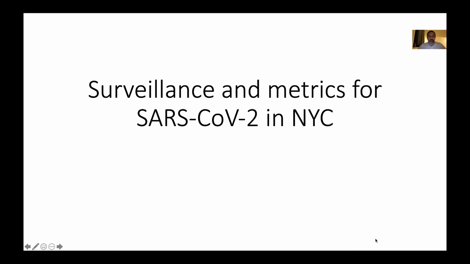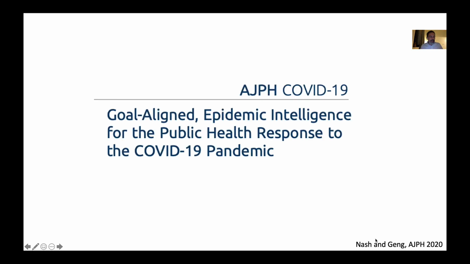Okay, so I just wanted to spend a little bit of time at the end of this session on public health surveillance in our ID-EPI course to talk about surveillance and metrics for SARS-CoV-2 in New York City. And just to lead into that, a little bit of an overview of a commentary that a colleague of mine and I wrote in AJPH last spring, entitled Goal-Aligned Epidemic Intelligence for the Public Health Response to the COVID-19 Pandemic.